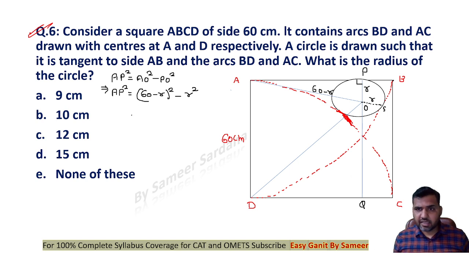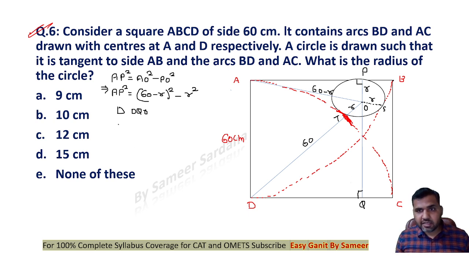Similarly, look at the right angle triangle DQO. This angle is 90 degrees. This DT is the radius of the arc AC. DT is the same as DC, which is 60, and this is R. So can I say the length of DO would be 60 plus R?